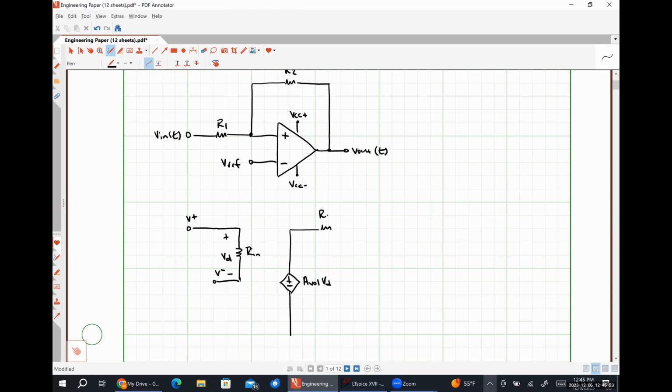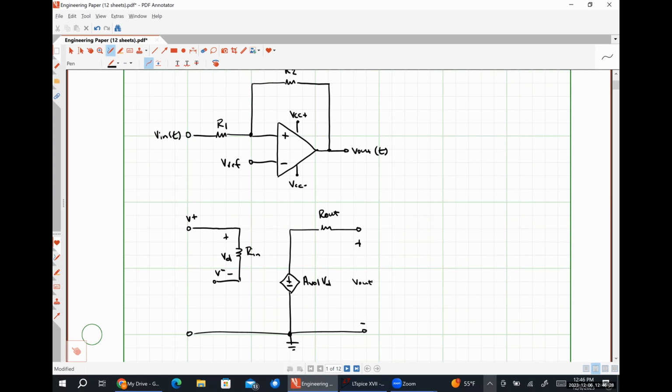Over here, I'm going to have my resistance Rout, like so. And down here is my ground. So that's my practical op-amp model. Since I don't have a load resistance connected to this system, my output voltage is just going to be the voltage measured between the output terminal and ground.